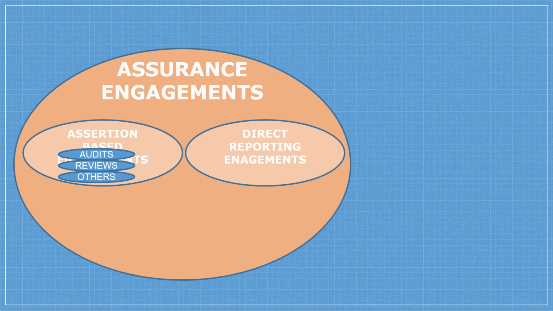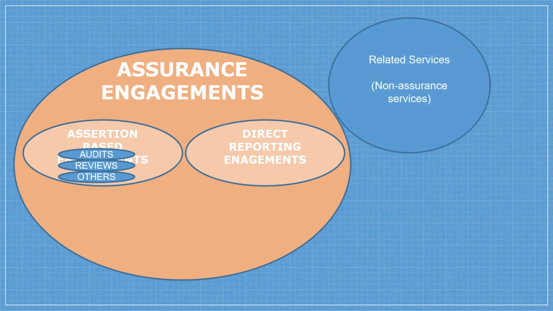Now, another interesting thing that we can reflect on is how outside of this assurance universe, outside of this assurance alien, there actually exists in its orbit a different set of services that we normally call non-assurance services. But the more technically correct terminology for it is related services.